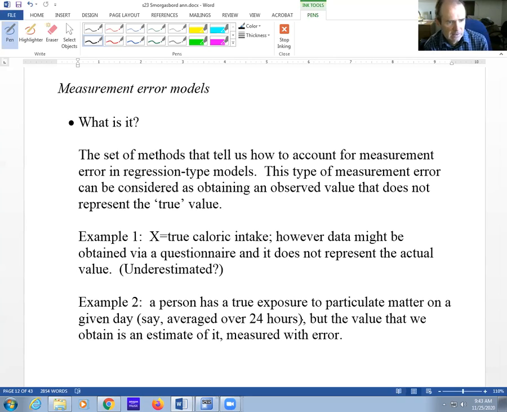So a couple examples. Let's say X is how many calories you consume during a day. If you have a questionnaire that asks, what did you eat today? And you can estimate then the calories that you had. Well, obviously, if you're going to do it through a questionnaire, that's going to be an estimate, right? It might actually be lower or higher than what you said.